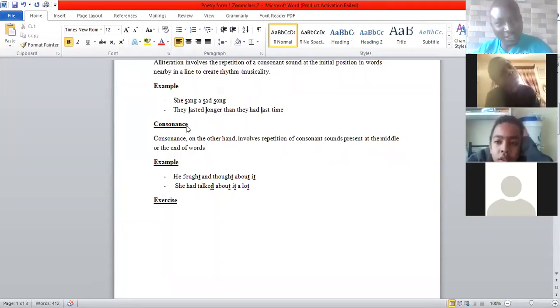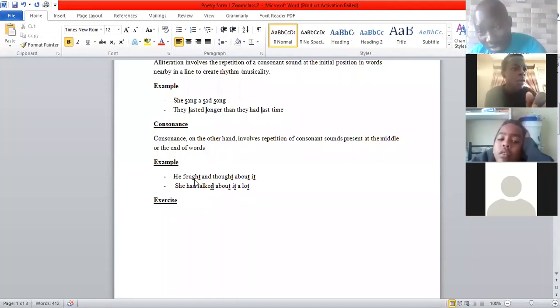The only difference is, while in alliteration, the consonant sounds come at the beginning of words, in consonants, the consonant sounds will be in the middle or even at the end of the words. And you can see examples here. I'm sorry, the examples I'm giving, it's like they are all appearing at the end, but they can also be in the middle.